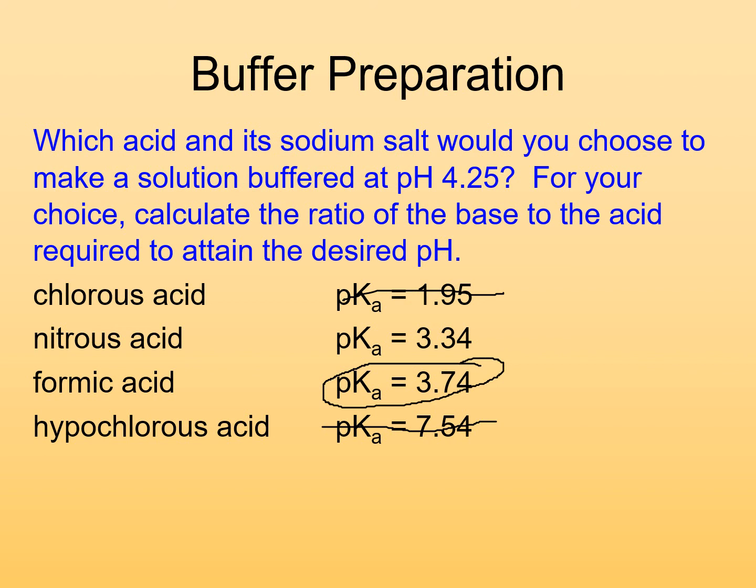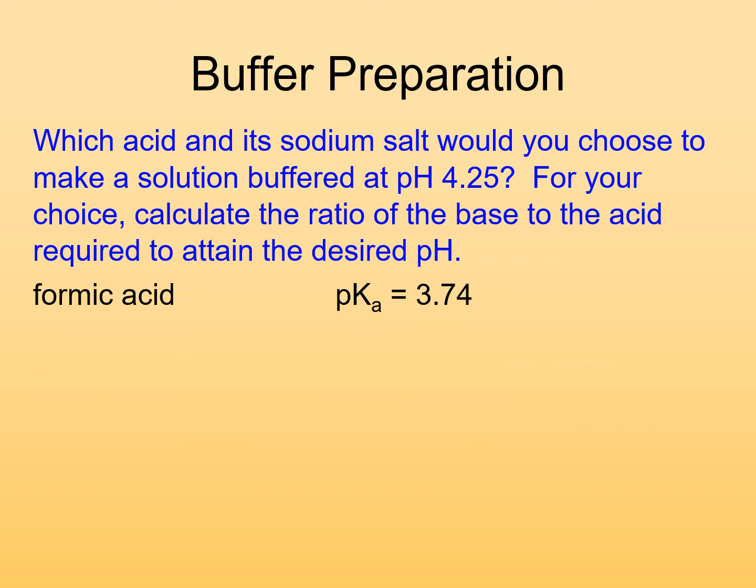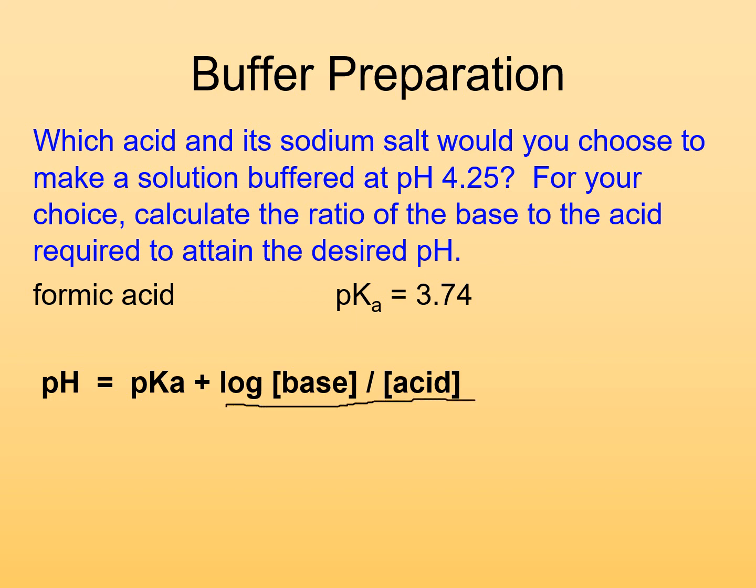Now to address the second part of the question, where it wants us to calculate the ratio of the base to the acid required to get that desired pH. So we picked formic acid, which had a pKa value of 3.74, and our target pH is that 4.25. So we can plug these into our Henderson-Hasselbalch equation and solve for the ratio of base over acid.